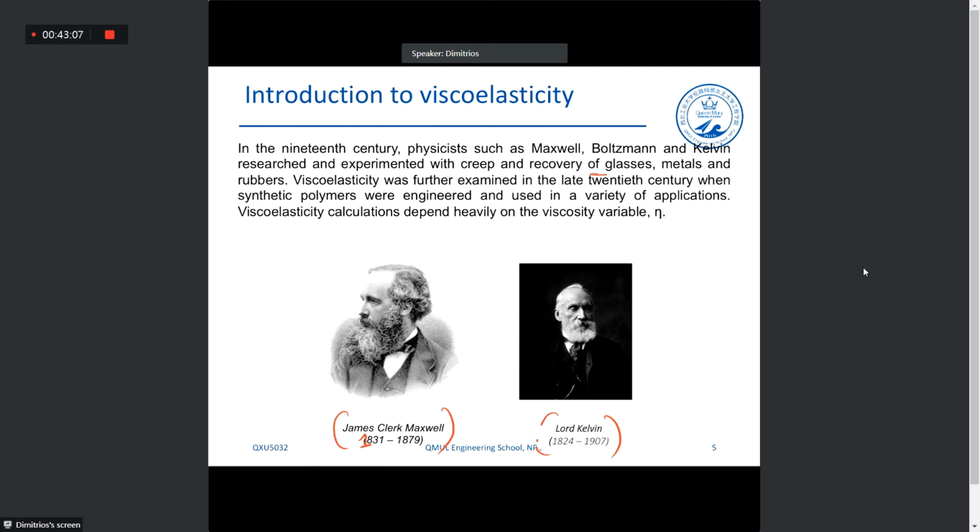Synthetic polymers came significantly after their time. Polymers started being made in the 1930s or so, but their original work on the viscoelasticity of the other materials has been adopted for the case of polymers.